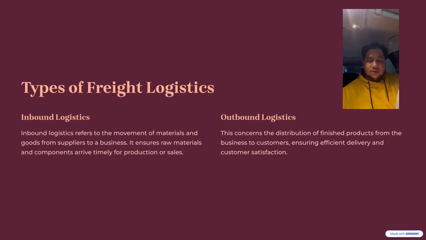So number one, types of freight in logistics. There are two types of freight in logistics. First, inbound logistics, which refers to the movement of material and goods from the supplier to the business.